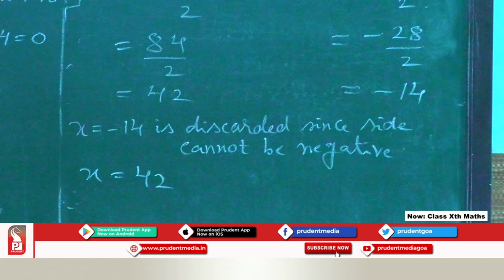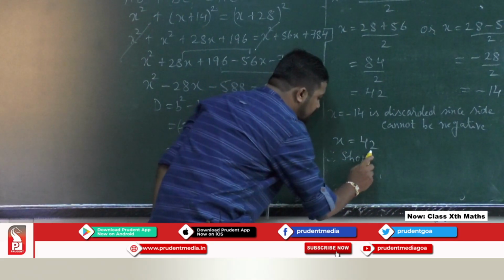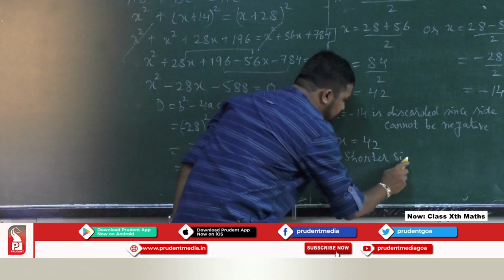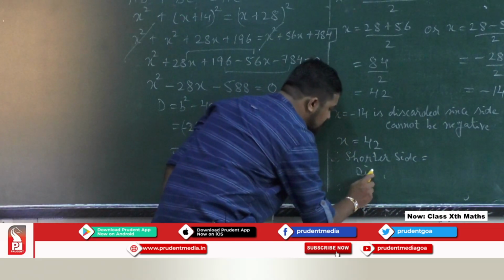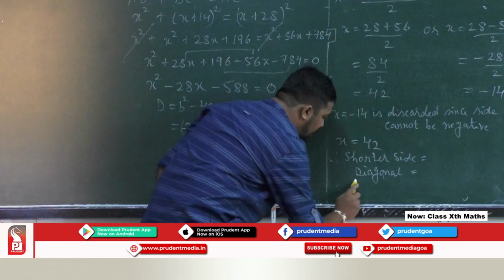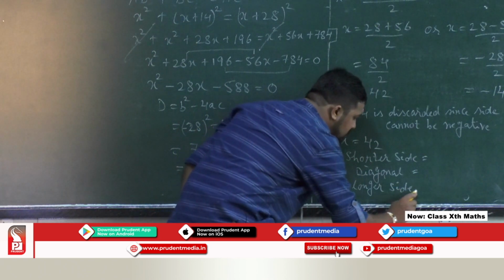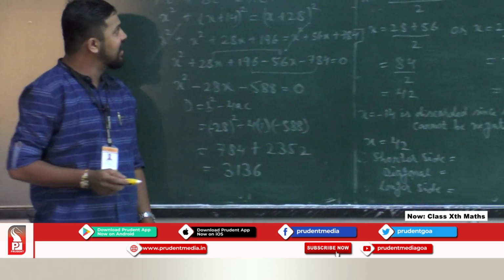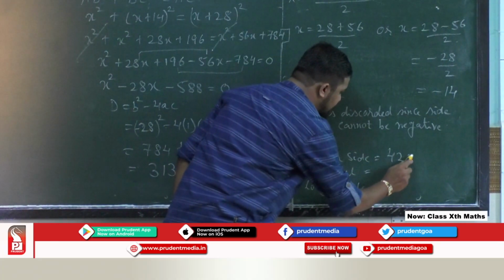Now let me write all three things I asked: the shorter side, then the diagonal, and the longer side. Shorter side is x, we got 42, so 42 meters.